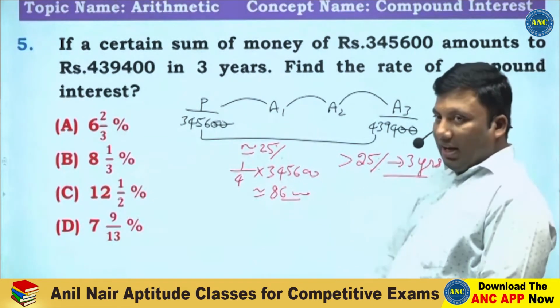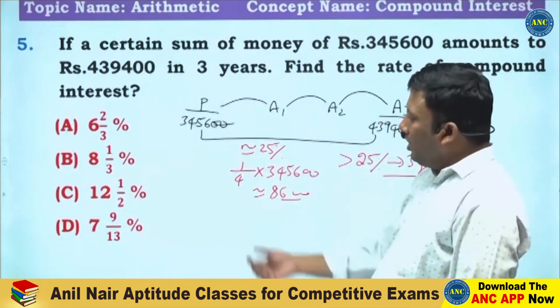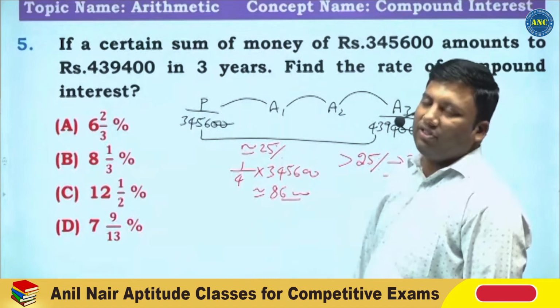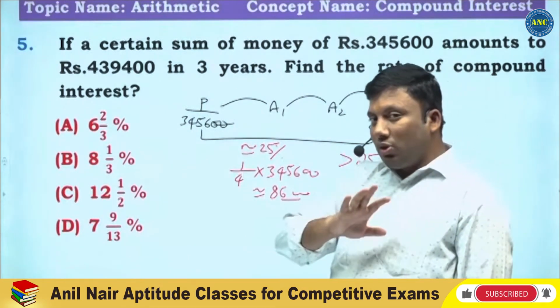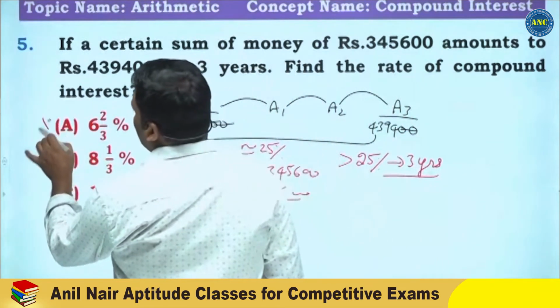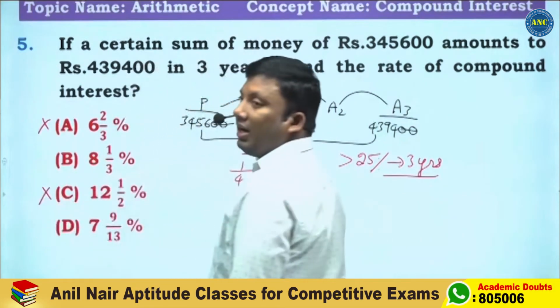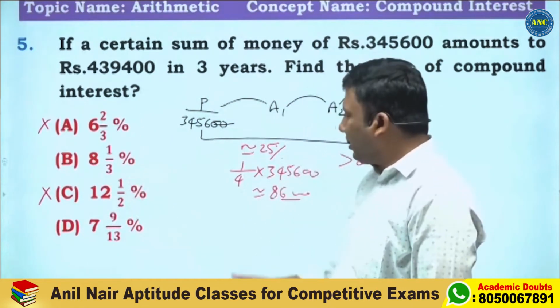That means in every time period it will be approximately the same. So 25% for 3 years, the answer should be very close to 8%. Just by looking at the question, option A and C I eliminated. Why?